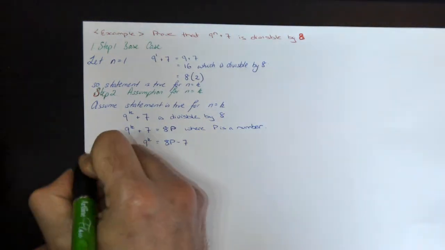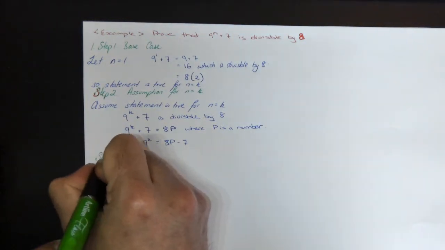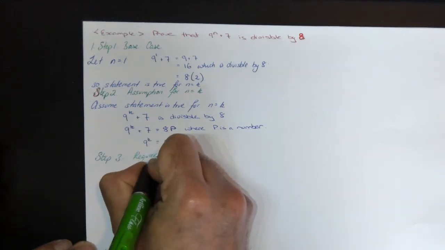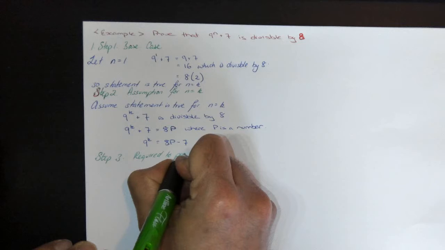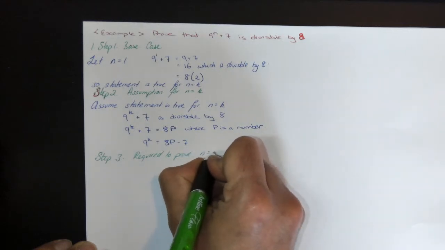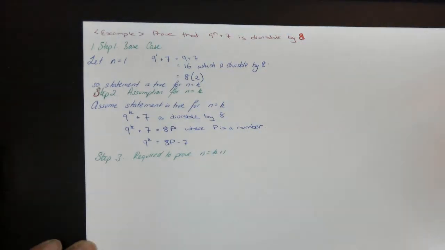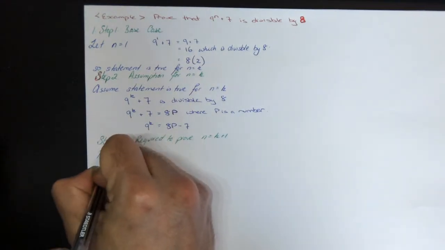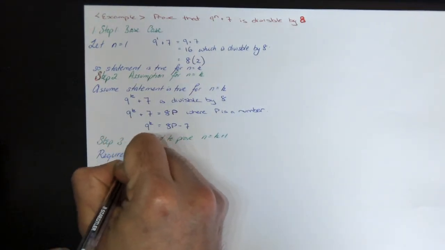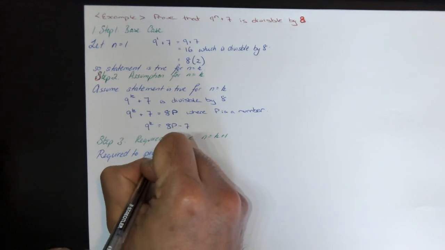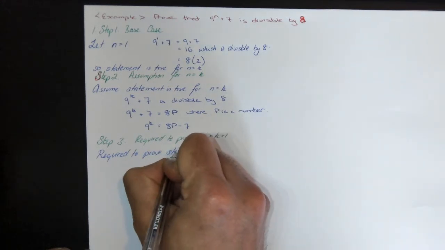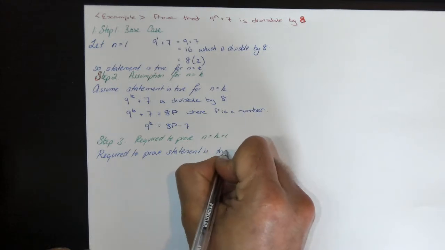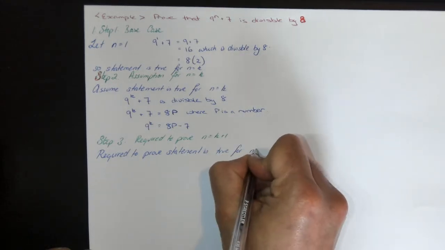Okay. Now step 3 is that we are required to prove that the statement is true for n equals k plus 1.